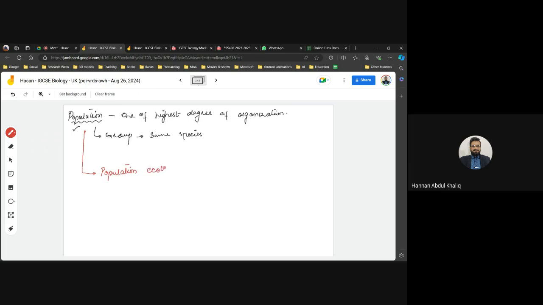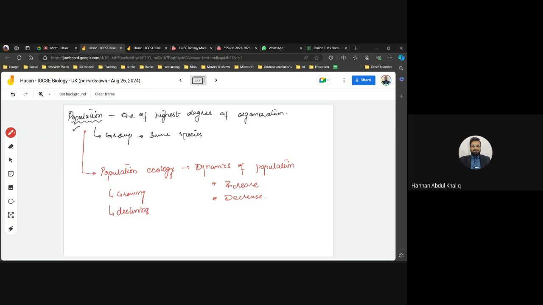Population ecology basically refers to the dynamics of a population, different angles of a population. What do we need to discuss in a population? How a population would increase, how it would decrease, how it is going to be damaged, what factors can increase or decrease the individuals in a population, what would be a growing population, what would be a declining population.